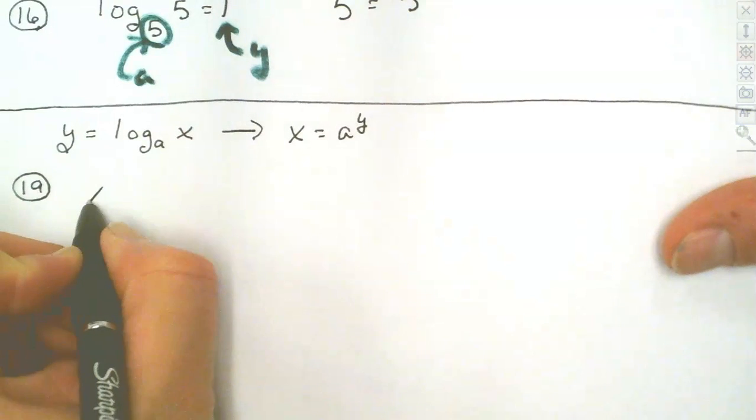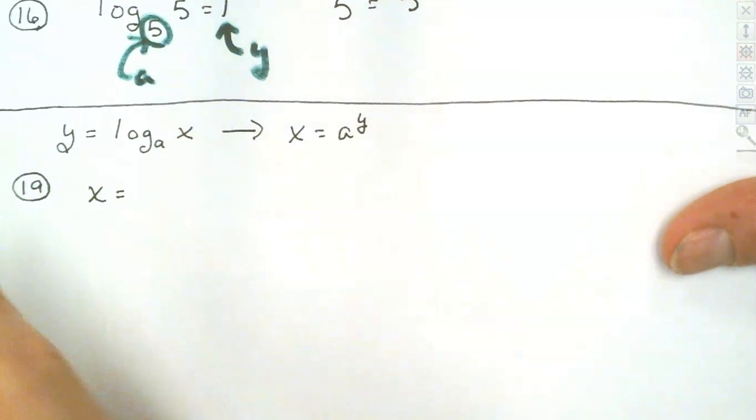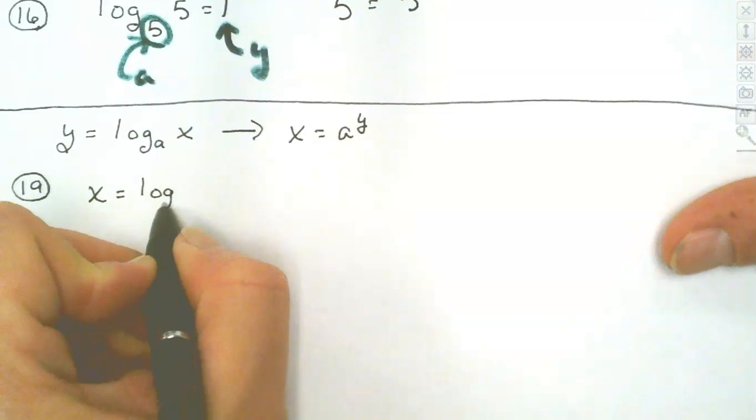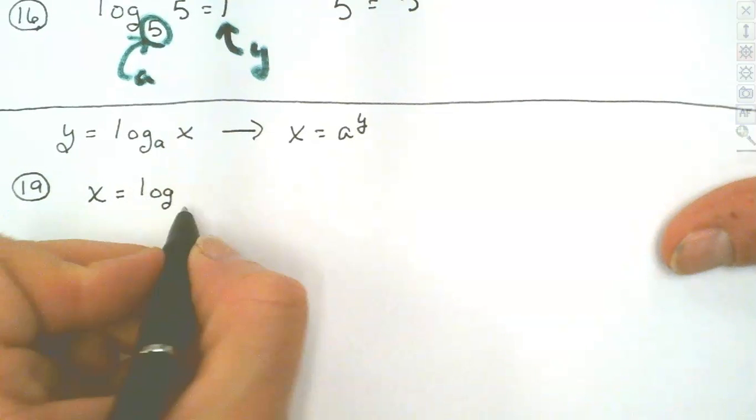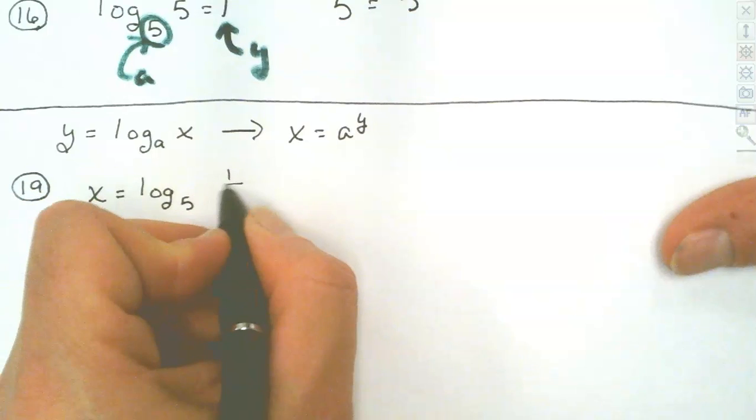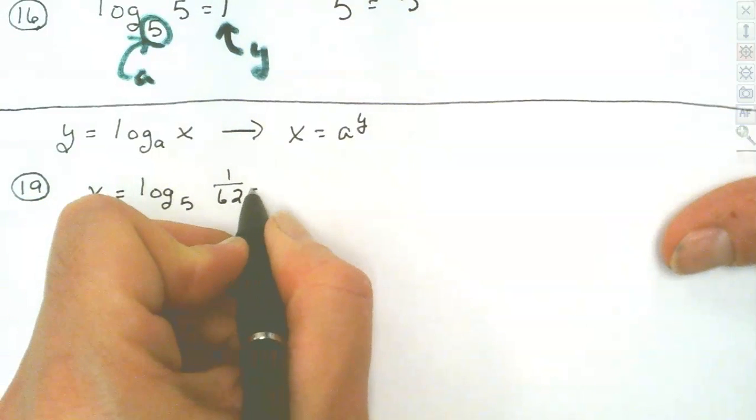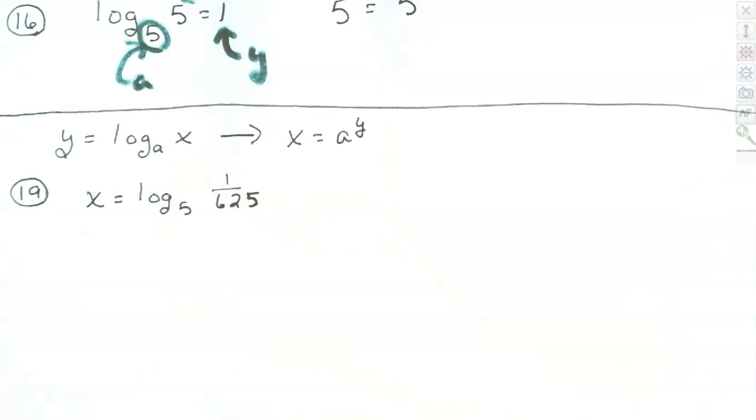Question 19 is x equals log base 5 of 1 over 625. So this is what we've got. Now, let's go ahead and label it so we know what goes where.